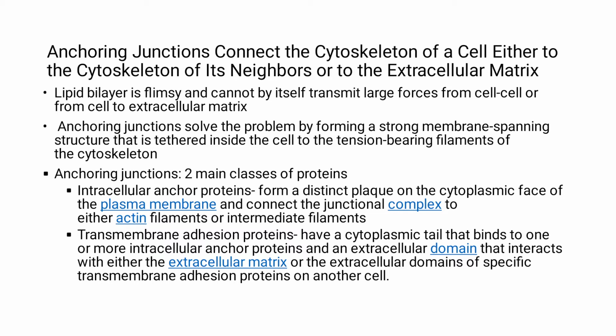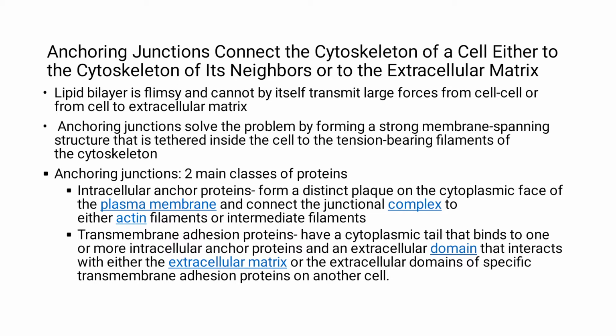Anchoring junctions have two main classes of proteins. We have the intracellular anchor proteins, which form a distinct plaque on the cytoplasmic face of the plasma membrane and connect the junctional complexes to either actin filaments or intermediate filaments.